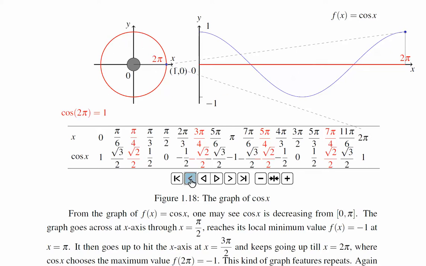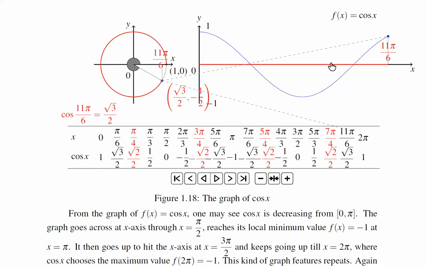When you move back, you see here is a red part, and up to this far is a red part. It basically says that this length from 0 to 11 pi over 6 equals the arc length starting from here to here. They are equal.